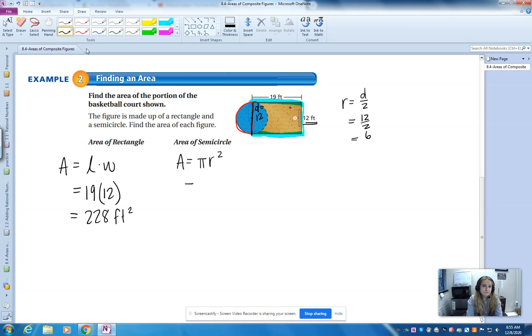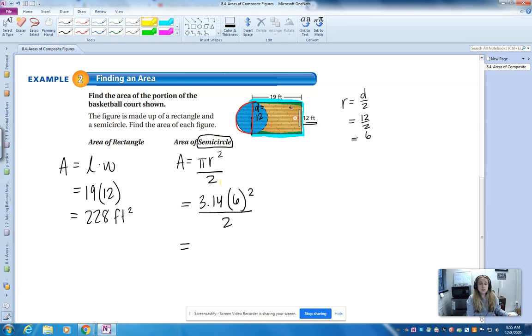But wait, we're not done yet. What else do we need to do to this equation? Notice we're finding the area of a semicircle, not a full circle, so I need to divide this by 2. Now let's fill it in using 3.14 for pi: 3.14 times the radius, 6, squared, over 2.